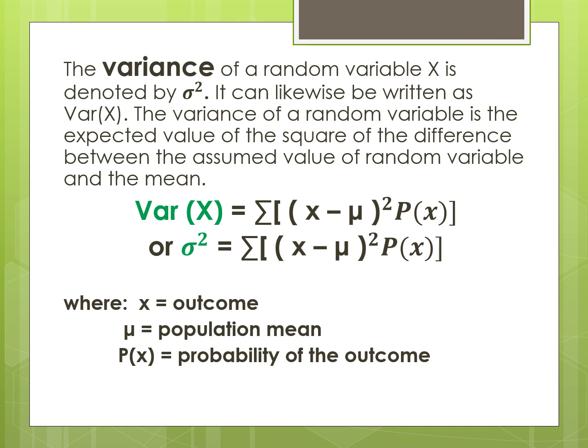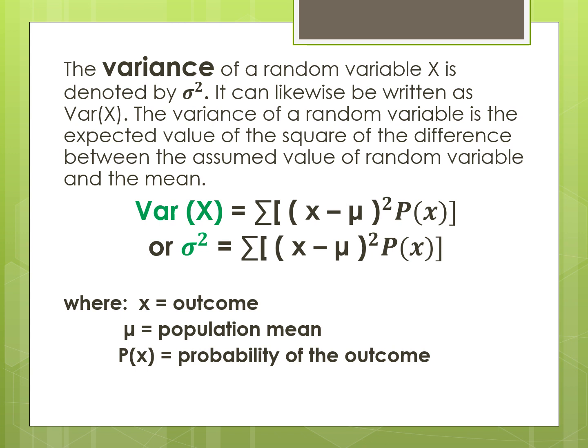We now copy the variance of a random variable x, denoted by sigma squared. It can likewise be written as Var(X). The variance of a random variable is the expected value of the square of the difference between the assumed value of the random variable and the mean. In symbol, we have the following.